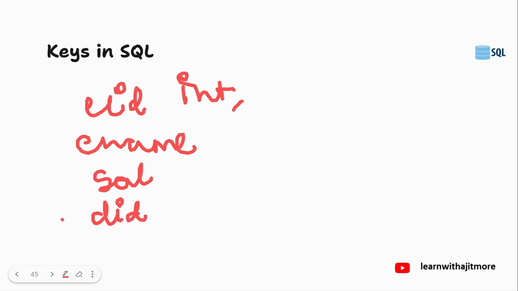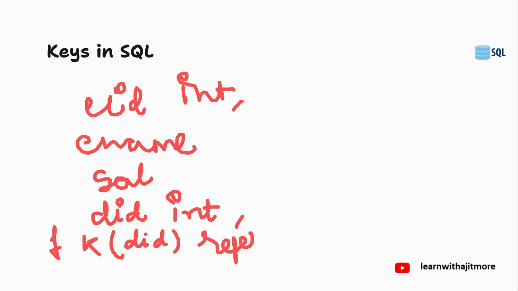So department ID in employee table is referring department ID from department table. Okay, so here you have to write like this. At the end, at the table level only, you'll write foreign key. Who is the foreign key? DID. And then it is referring whom, that also you have to tell. References, whichever the parent table, and that parent table's primary key.